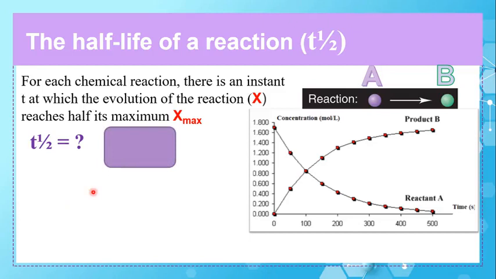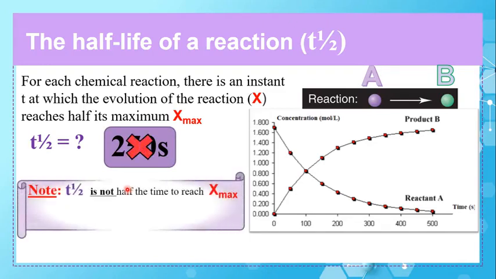Is your answer 250 seconds? Sorry, it's wrong. Why? Since t half is not half the time to reach x maximum. It is not 500 over 2. It is not 250.